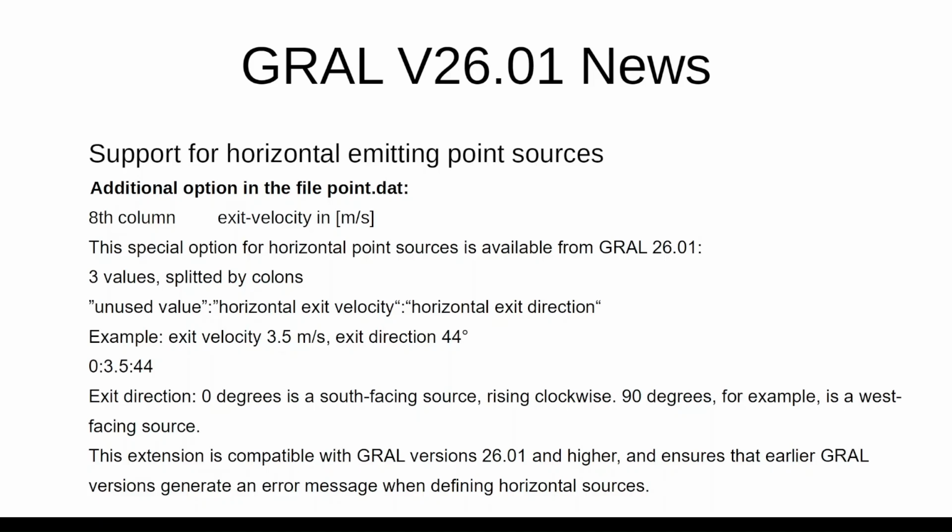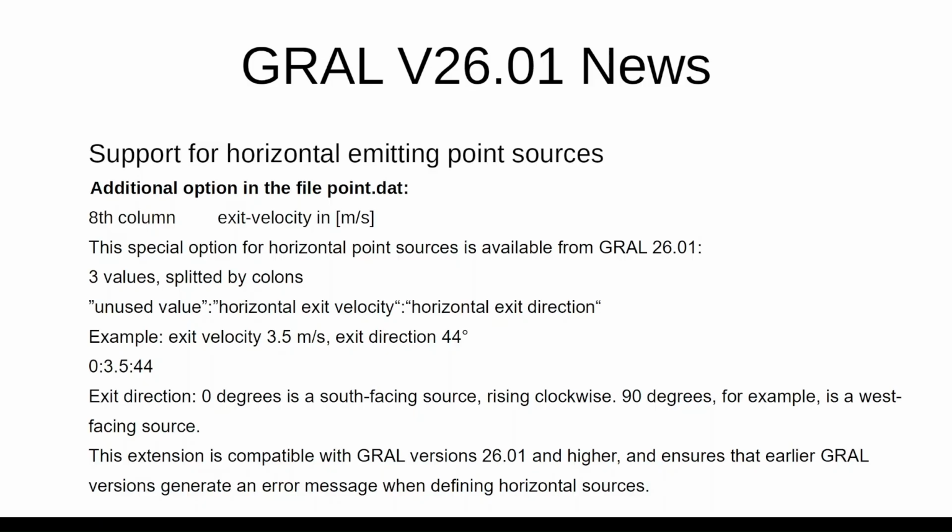In the 8th column there's the exit velocity for vertical emitting point sources. This value is split into 3 values separated by colons. The first value is unused, followed by the horizontal exit velocity, and the horizontal exit direction.